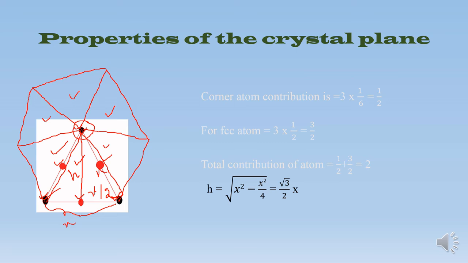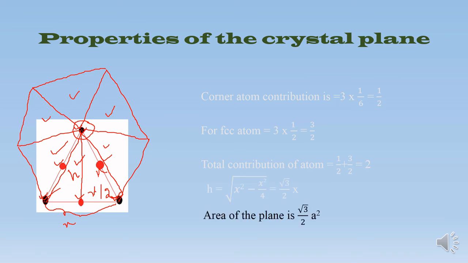We already talked about this topic in the previous lecture. That is, the value of x is root 2 a, where a is the lattice constant. Then what is the area of the plane? That is root 3 by 2 a square.